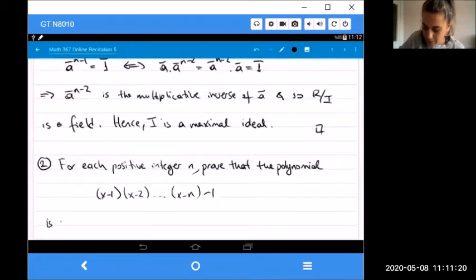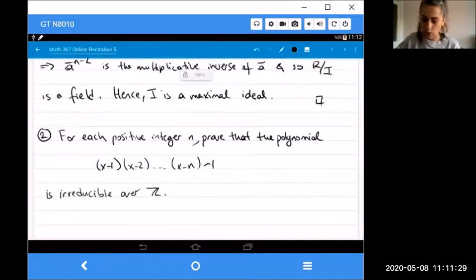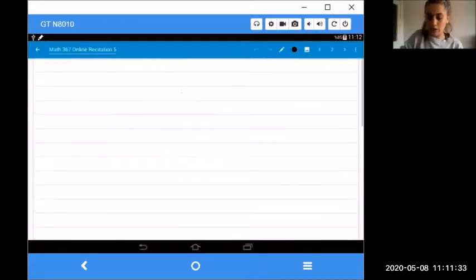Okay, our question is this one. Now for this one, first we are going to assume that the polynomial is reducible.